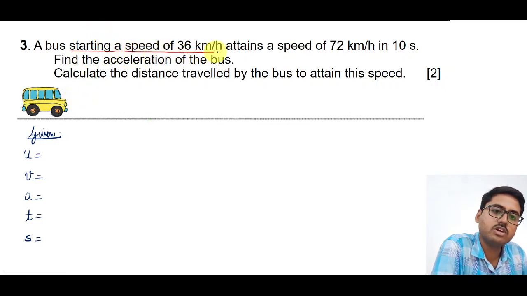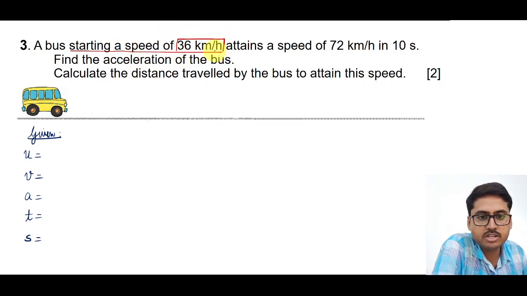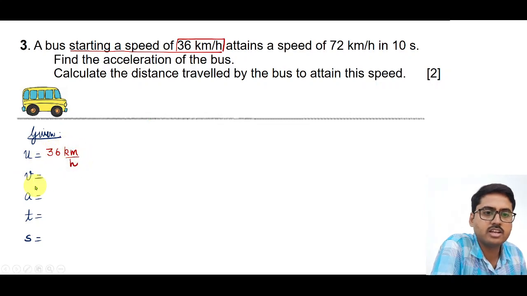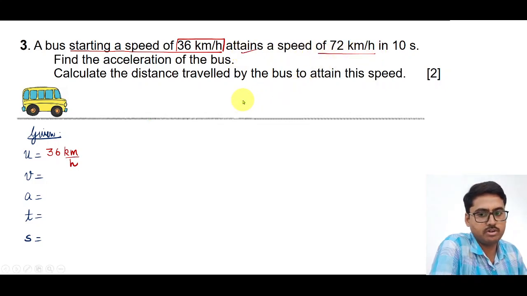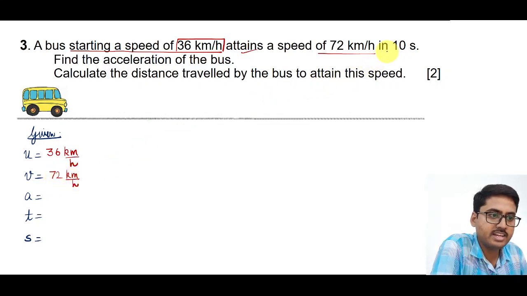At a speed of 36 kilometer per hour, it means the initial speed is given, 36 kilometer per hour, attains a speed of 72 kilometer per hour. It means the final speed is 72 kilometer per hour in 10 seconds. This represents time. So time is given over here, 10 seconds. Find the acceleration of the bus.